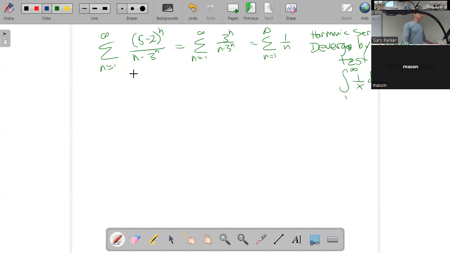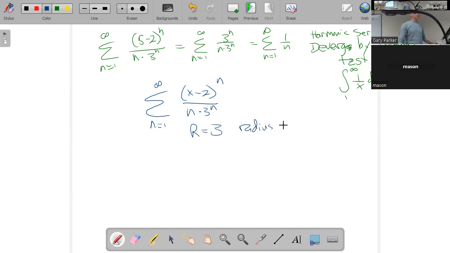So what do I know about the series I just started with? I have the power series n equals 1 to infinity of (x minus 2) to the n over n times 3 to the n. And the ratio test gave me a radius of convergence of 3. This series was centered at 2. So again, looking at the number line, put 2 in the middle, add 3 to get 5.